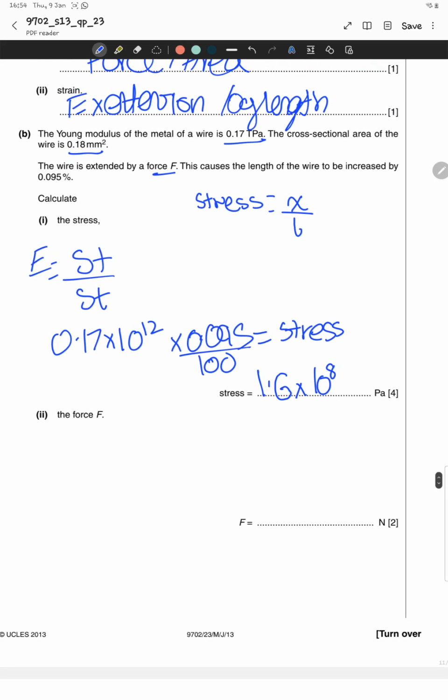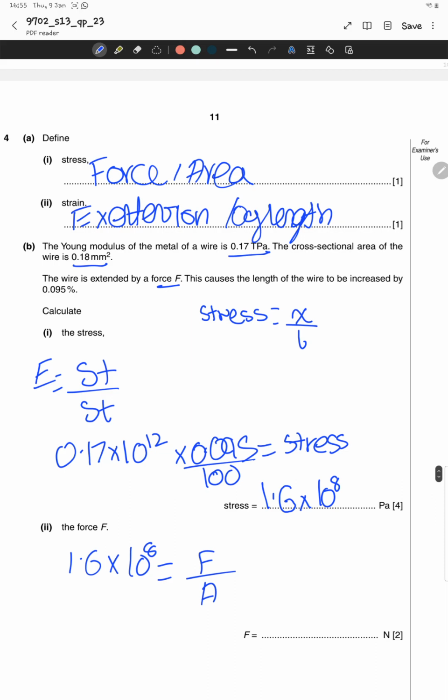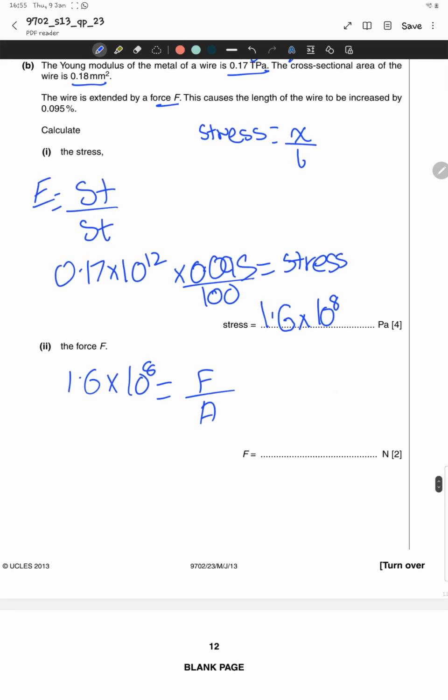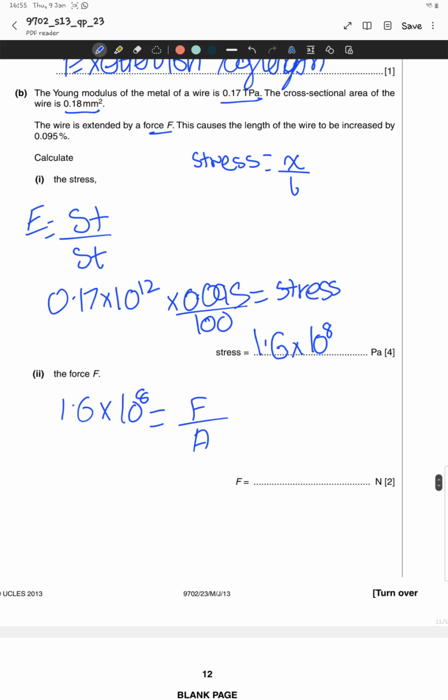Next, I guess they're asking you for the force. Now you know that stress is this, and the formula of stress is force over area. You know that the area is this, so you should multiply by 0.18. But do not forget to divide by 1,000 and by 1,000 again to convert it into meter squared, because you can't use millimeter squared as it's not an SI base unit.